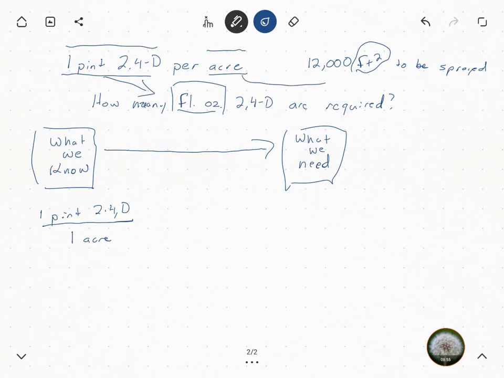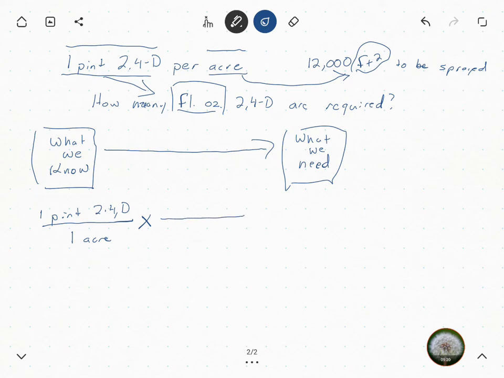And so we're also going to eventually want to convert acres to square feet, which both of those pieces of information give us an idea of what we're going to actually need to do this unit conversion. So we're actually going to start multiplying again by these unit conversions, these ratios that are equal to 1. So we're going to start with this pints to fluid ounces conversion.